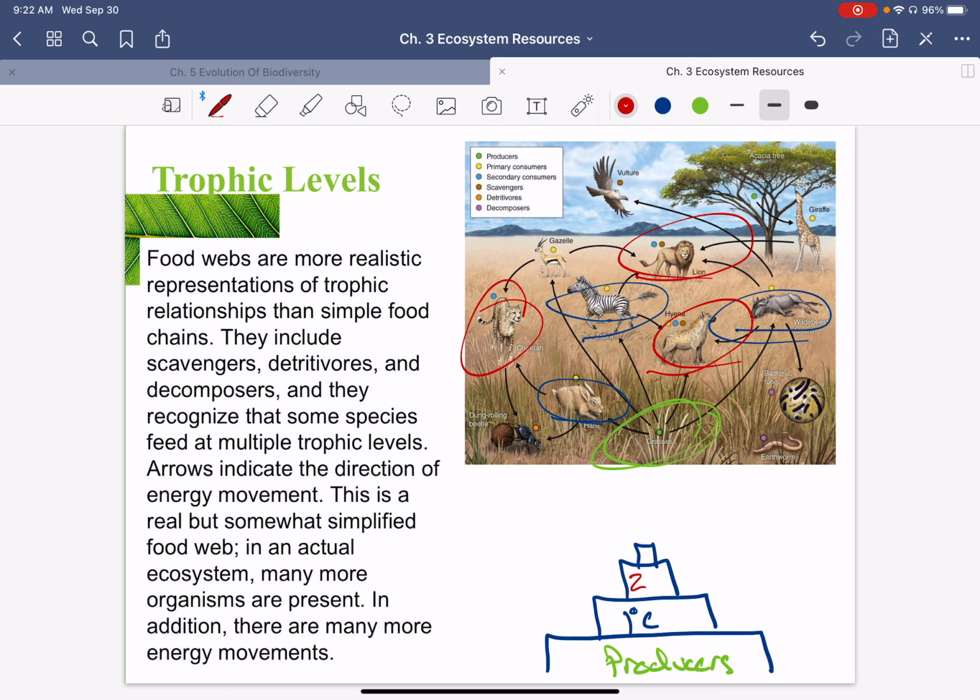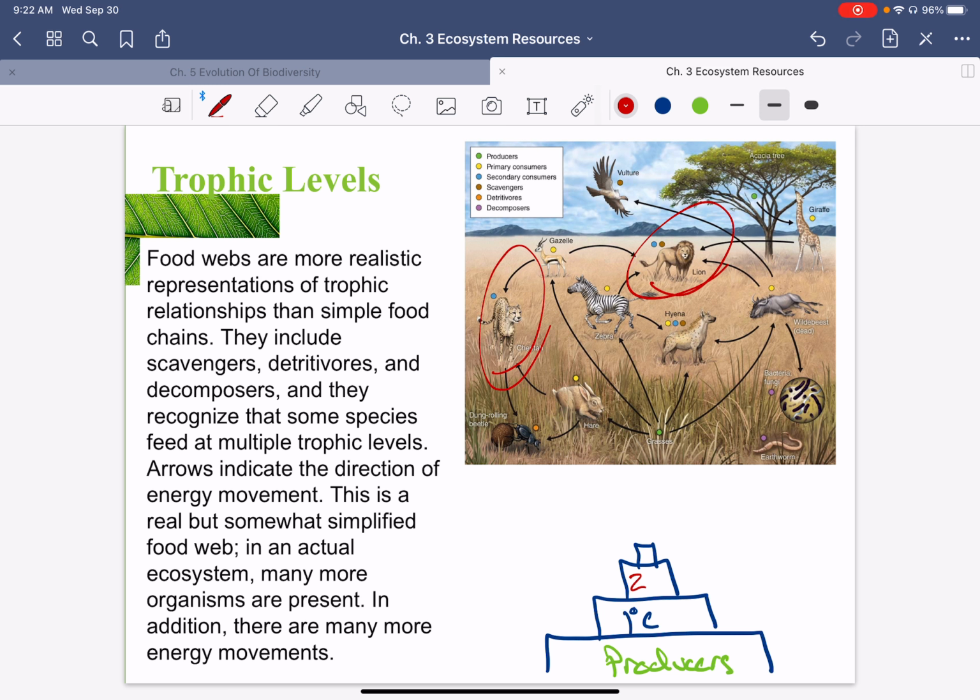They, in this graphic, are sort of separating scavengers. You can see how, like, the hyena here is both a primary consumer, meaning it does eat some grasses and roots. Hyenas are kind of weird. It's certainly a secondary consumer. It's a predator, and it's also a scavenger. Well, the lion is also a scavenger.